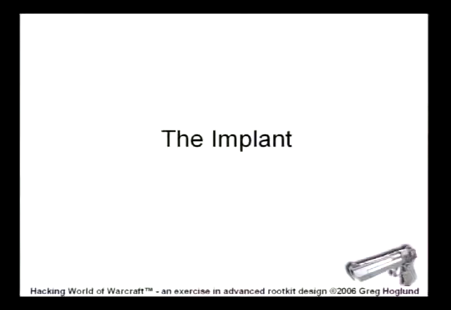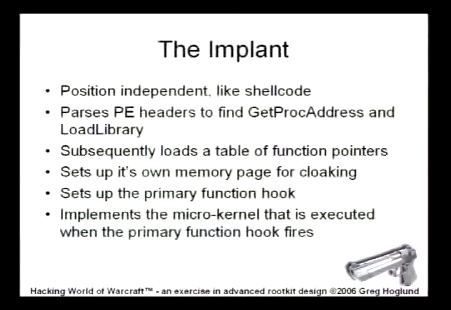Now the implant. This is the thing that goes into the World of Warcraft client. This is the code that's actually injected. How does it work? Well, first of all, it's position-independent code, similar to shellcode. When it loads, it'll parse the PE headers of all the loaded modules, and it will load up all the function pointers for a set of functions that you need to use.